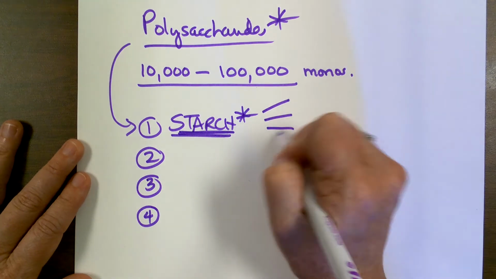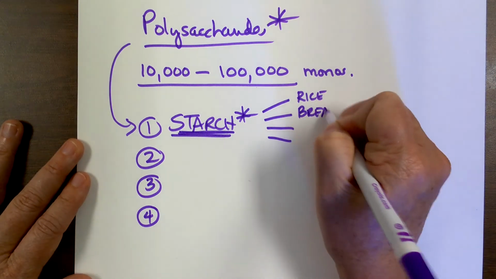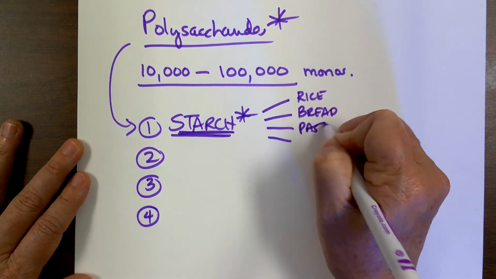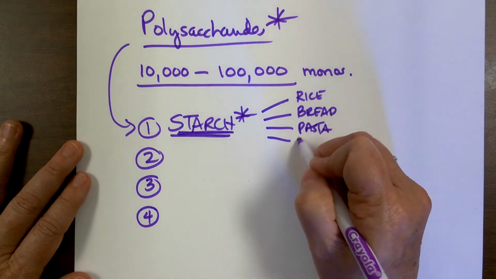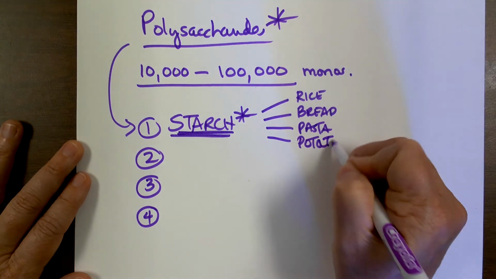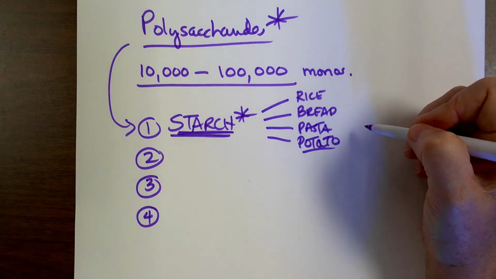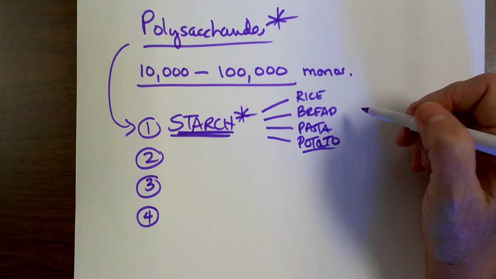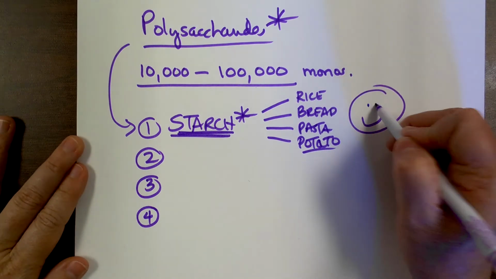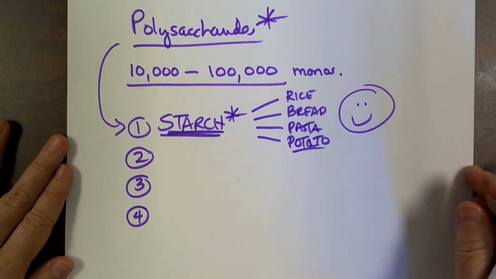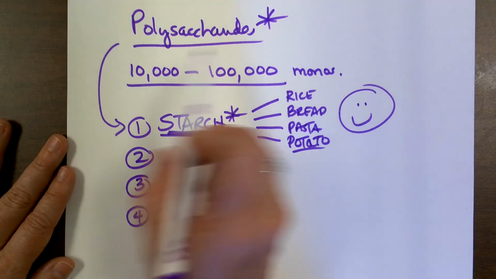So your starches are going to be rice, bread, pasta, potatoes. Okay, so all of these things are the way that plants store their biggest molecules so that they'll have food for later. So these are the ones we love the most, and it's evolutionary craving because we're going to get the most energy out of these.